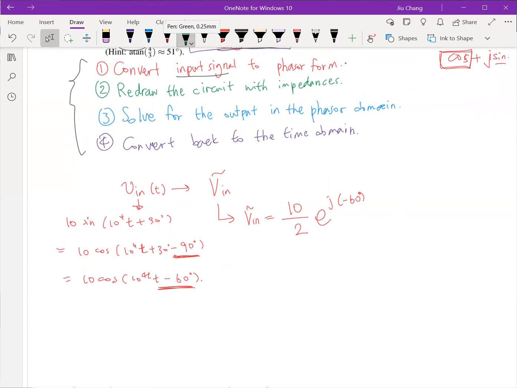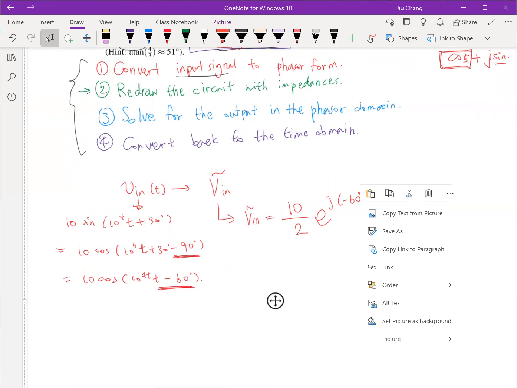Next, we have step 2, which is redraw the circuit with impedances.